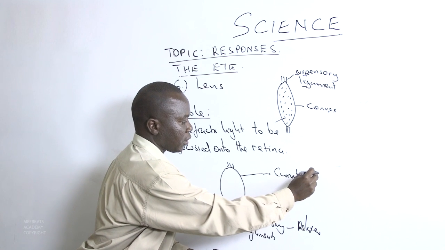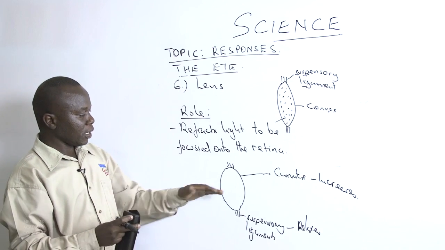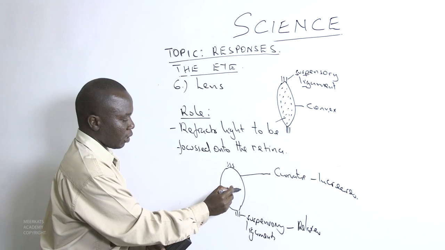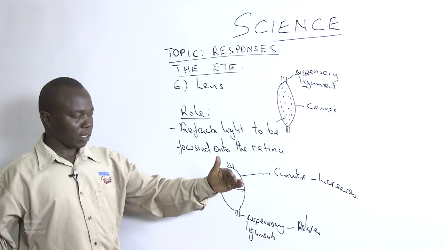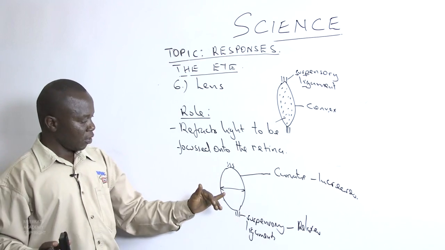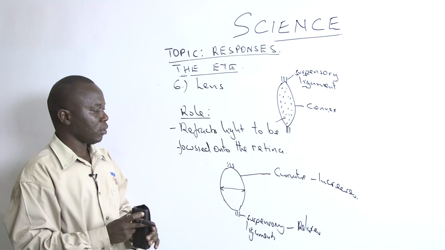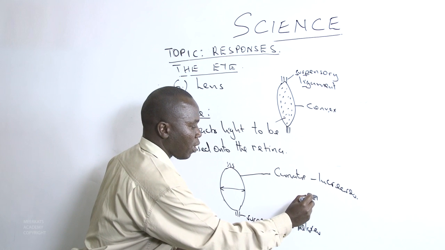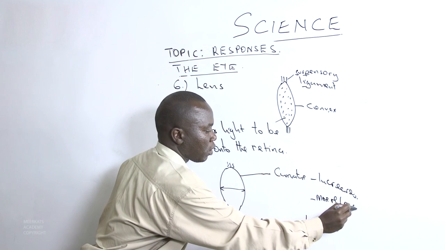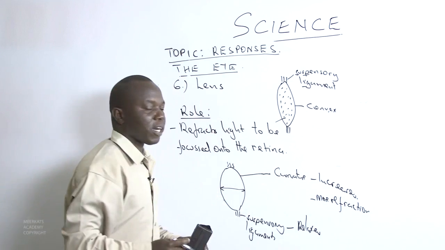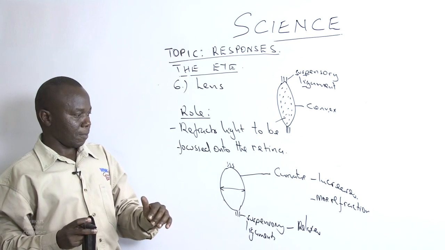When the curvature increases, the focal length, that distance from here to there, increases. There will be more refraction. When there is more refraction, more light is bent to reach the retina.